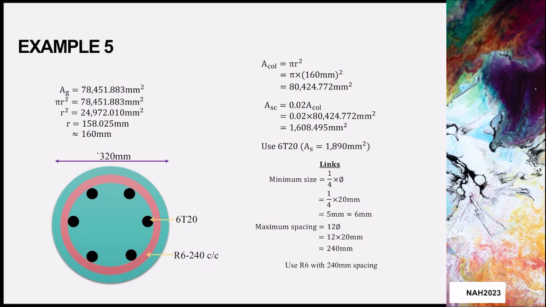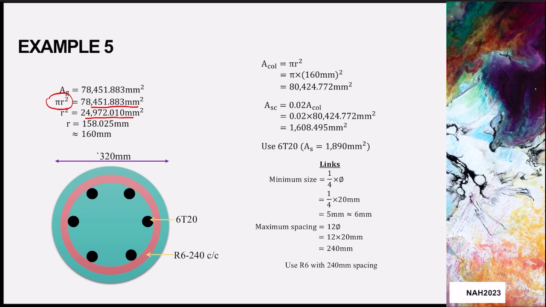Next, we can get the actual area of the column by finding the value of r. Okay, because we know that the column adalah round, which means the cross section going to be pi r square. 78,451.883 bahagikan dengan pi, then you will get this value.